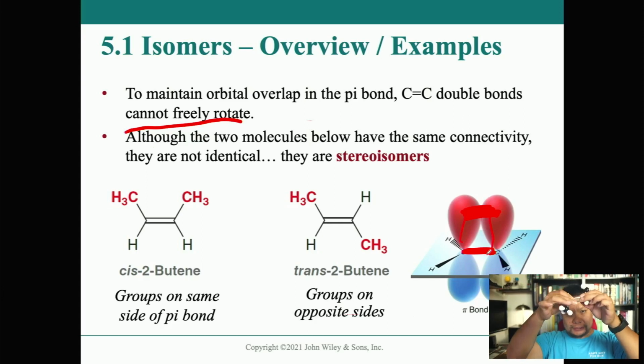These would be stereoisomers because they have the same formula and are connected the exact same way, but the methyl groups of the butene are opposite in trans as opposed to being on the same side in cis. So butene, or anything with a double bond, can't rotate, and so has the ability of being a stereoisomer.